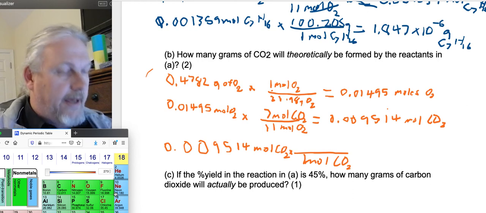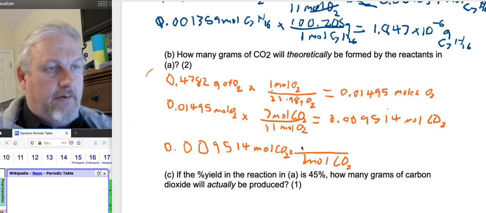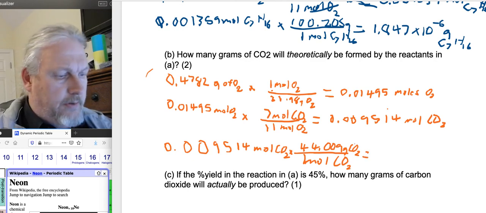So the molar mass is officially 44.009 grams of CO2 in 1 mole of CO2.